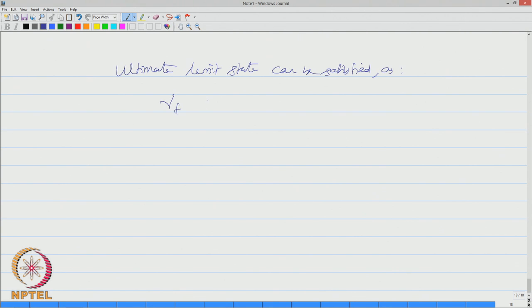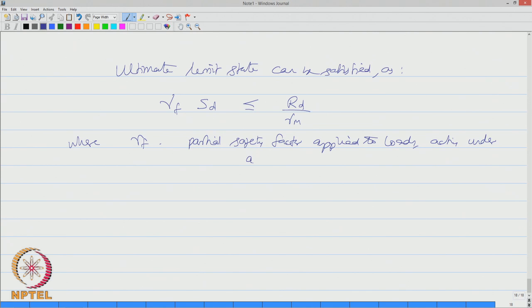gamma f into SD should be less than or equal to RD by gamma m, where gamma f is the partial safety factor applied to loads acting under ambient conditions.